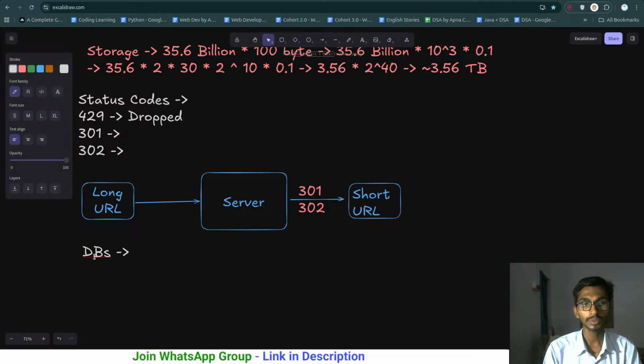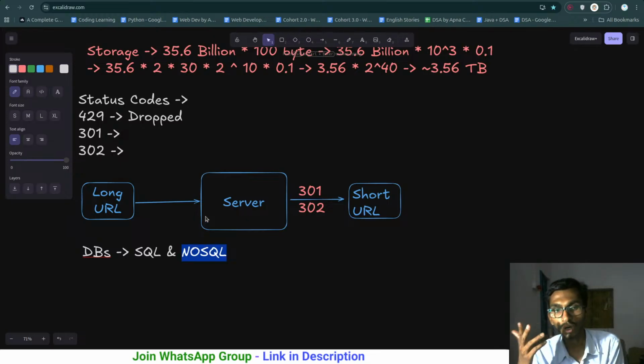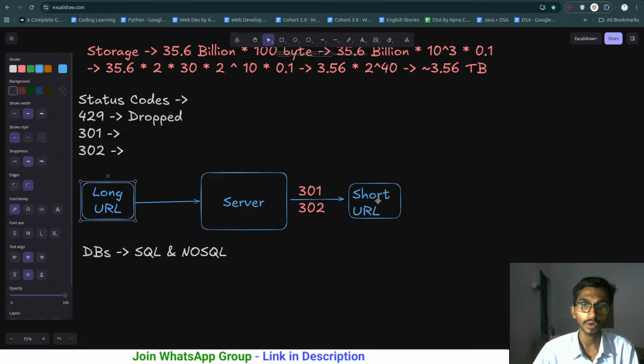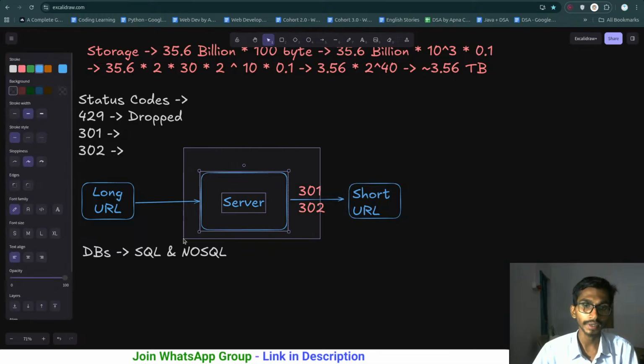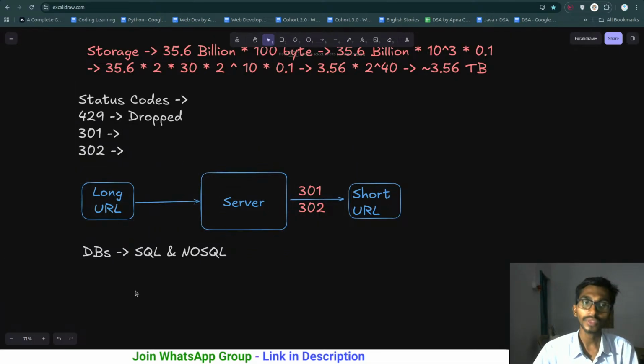When it comes to DBs, we have two kinds: SQL databases and NoSQL databases. In NoSQL databases, we can use MongoDB, but as we are saving two things, the long URL and the short URL, whenever I send the short URL to the database, it should be able to find the long URL.